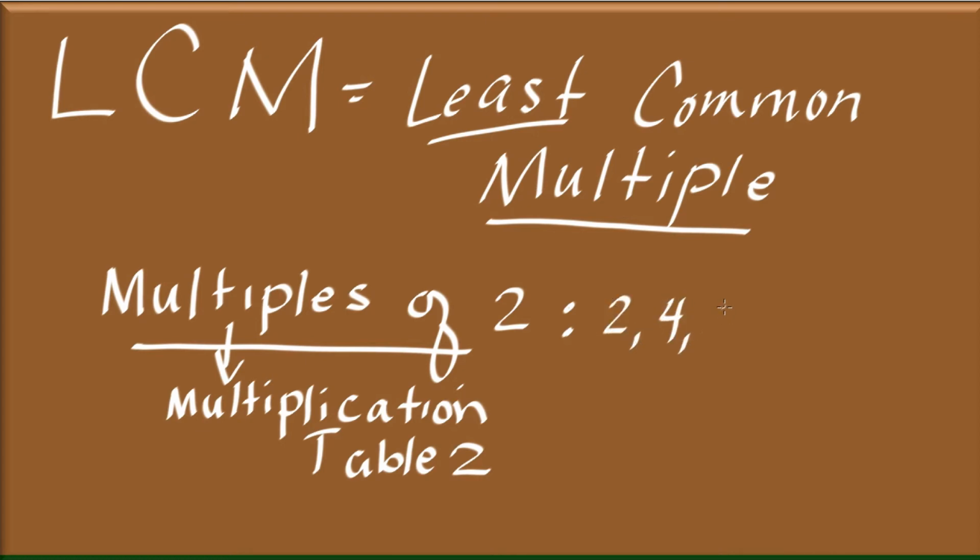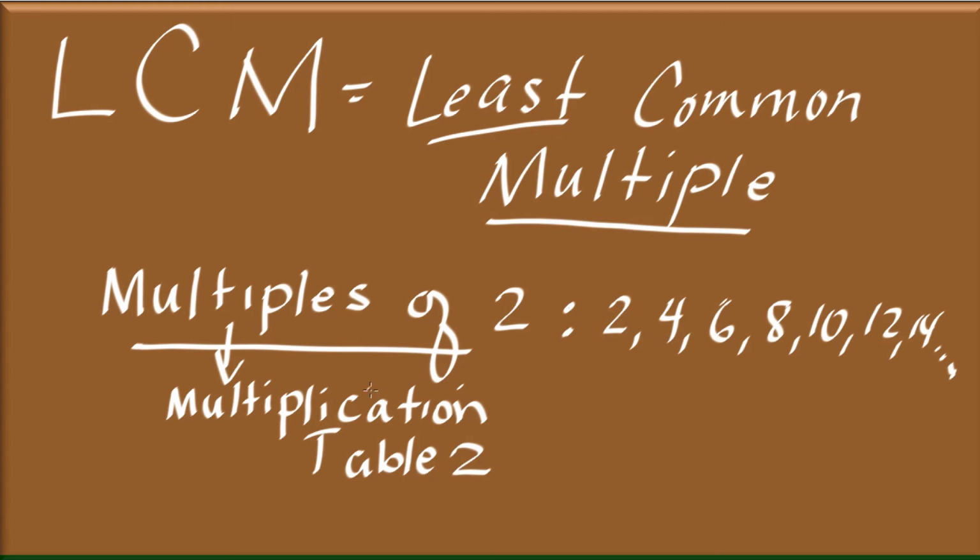In other words, you just skip count by 2. 2, 4, 6, 8, 10, 12, 14, and so on. So the multiples are not going to stop. Okay, so it's just continuously increasing in this case. So multiples are infinite. So we have infinitely many multiples of, say, 2.